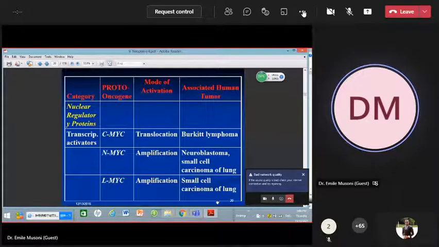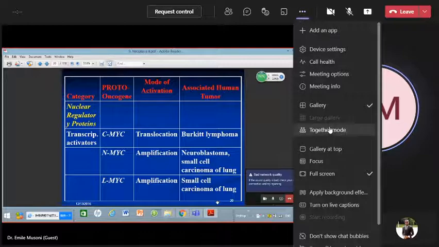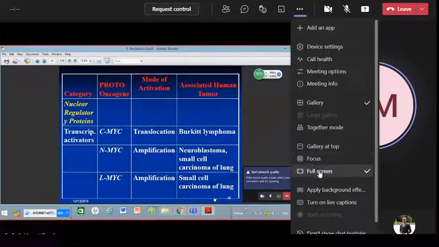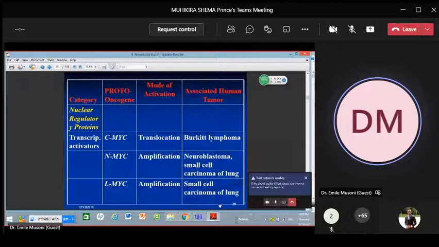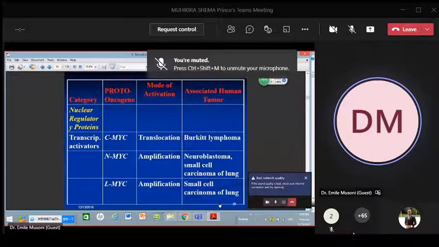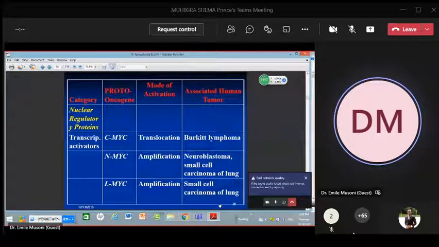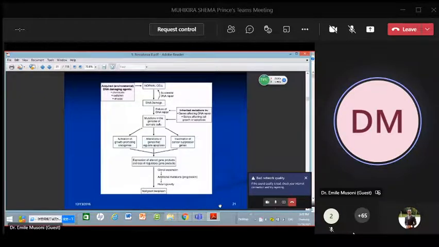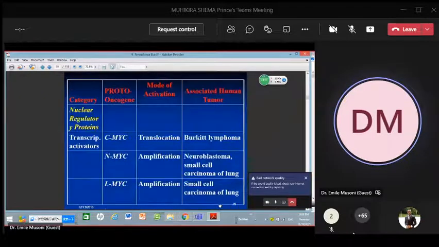Nuclear regulatory proteins, C-MYC, this one is found in Burkitt lymphoma. N-MYC is found in neuroblastoma. And this one, L-MYC, found in small cell carcinoma of the lung. So you see there is a long list of proto-oncogenes which are involved in carcinogenesis.